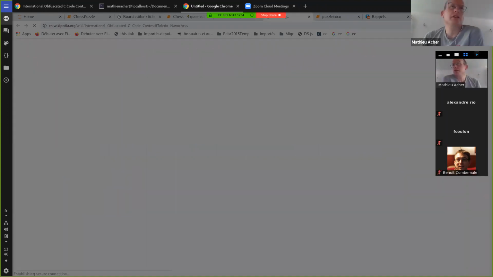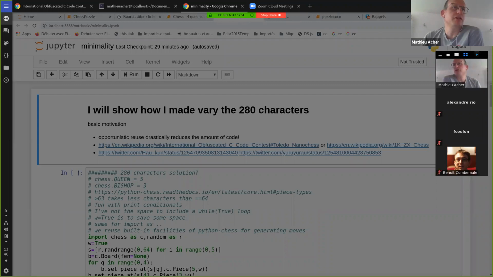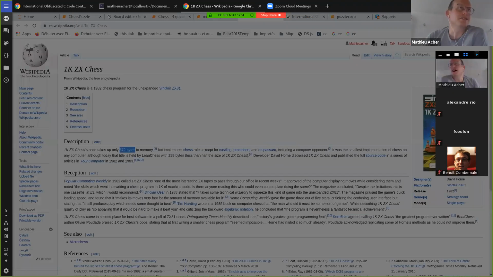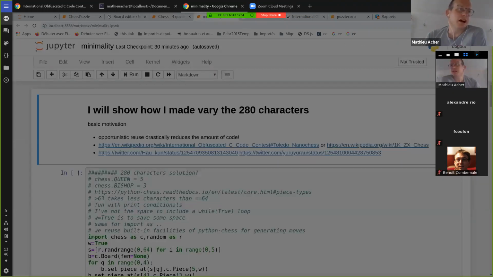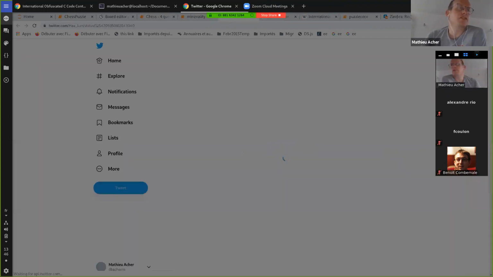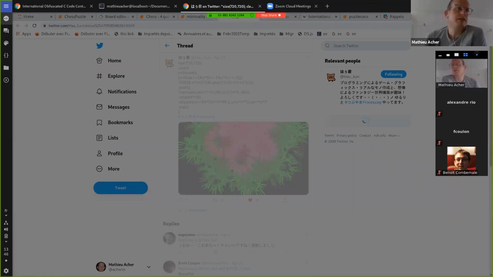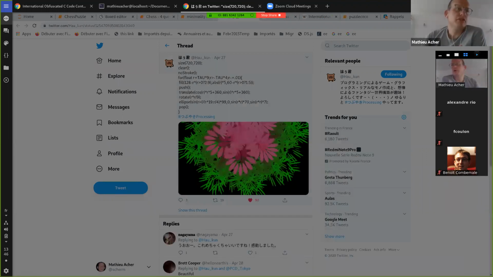And interestingly, there are also some initiatives in the chess domain for implementing a chess engine with the least number of code. And there are also chess engines that fit into this ridiculous amount of bytes. So it was quite funny, right? And also, I was quite inspired by people that are doing this beautiful piece of art just with a tweet.